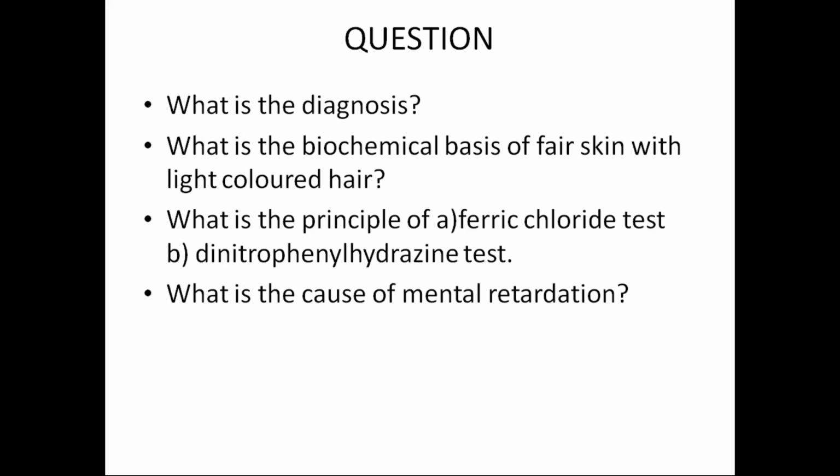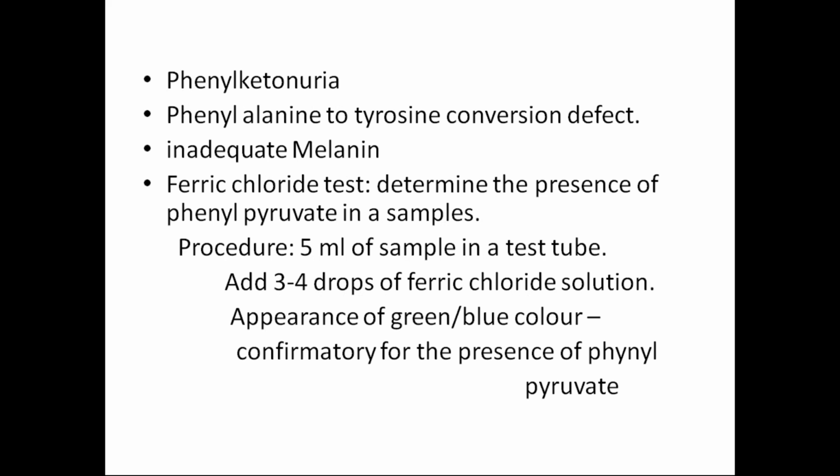So from the history, like delay in the milestones, examination with the fair skin and light hair color, along with investigation with an increase in the phenylalanine level in the blood, all this history and the findings are suggestive of phenylketonuria.